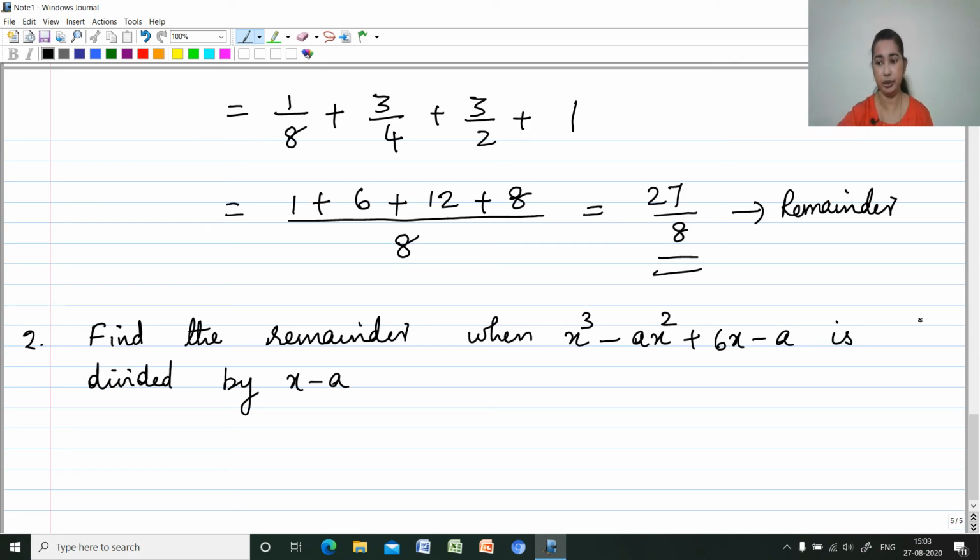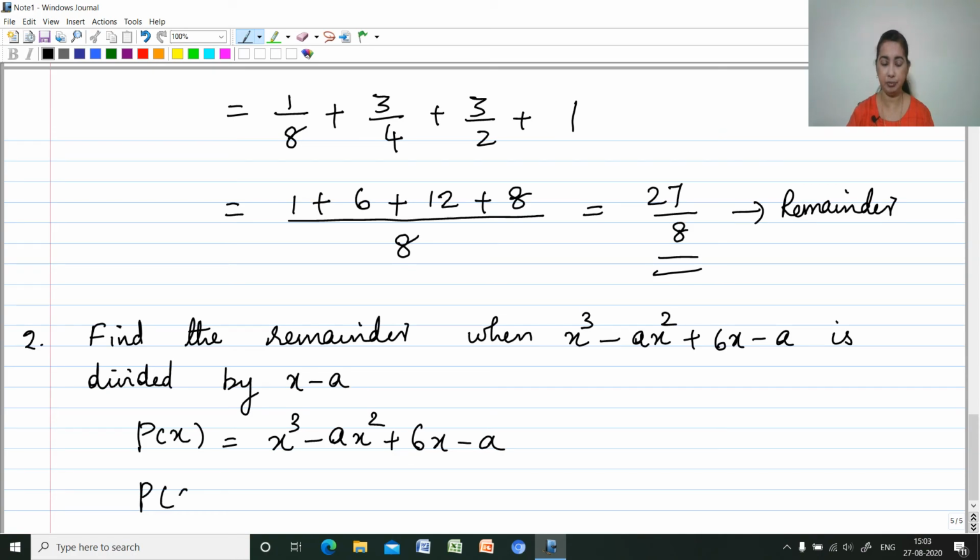We have to find out the remainder. We can use the remainder theorem itself. So the polynomial p of x is x cube minus ax square plus 6x minus a, and we have to check it with x minus a, so the value of x is a.